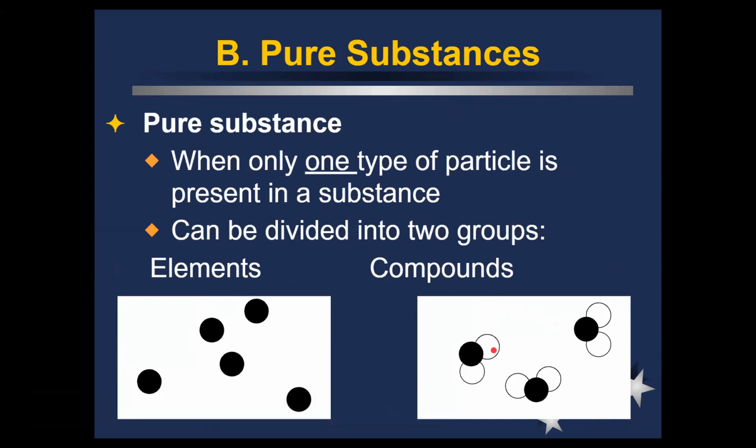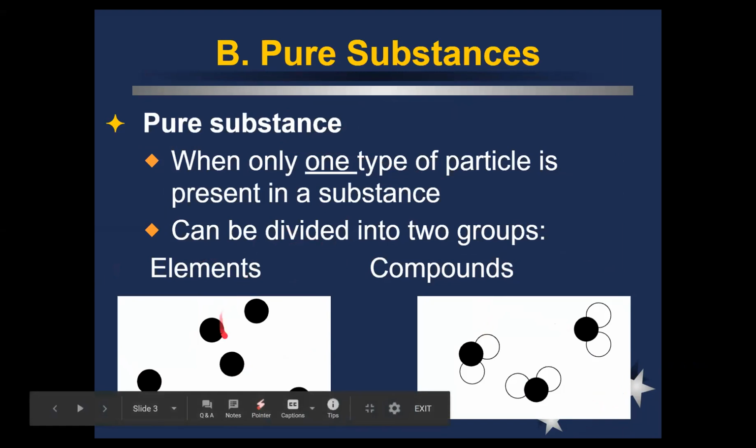But if you get compounds and elements both mixing together, then you don't have a pure substance anymore. Okay. All right. Thank you. So like if some of these black dots from whatever element this is ended up over here in this picture, it wouldn't be a pure substance anymore. It would be the thing that we're going to talk about up next.